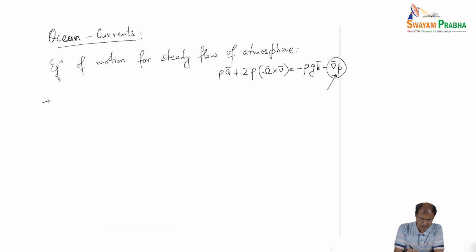So as I just said, this negative grad P is the pressure gradient term, right? And it represents the force exerted on the fluid particle by the fluid around it.